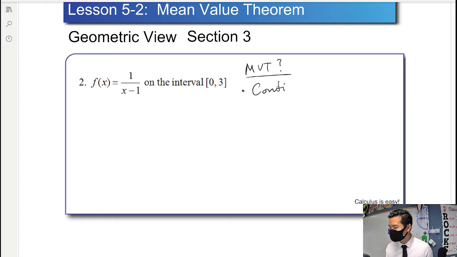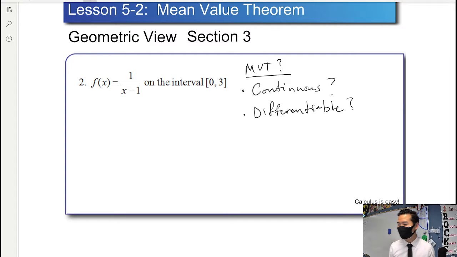I can't spell continuous. Continuous. I'm good. Why does that look wrong? Is it continuous? Second thing is, is it differentiable? That's wrong. Wait, I wasn't done yet. Hold on. Still wrong. Is it differentiable? Just kidding. Those are the 2 things we have to check.